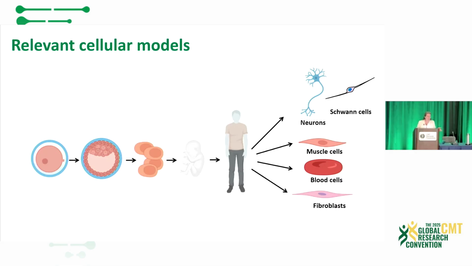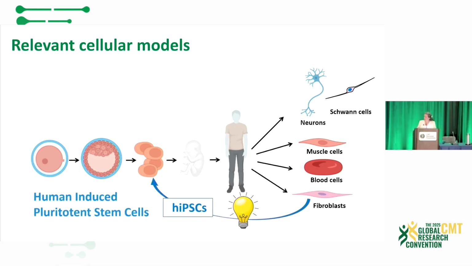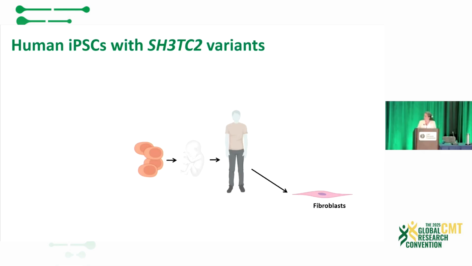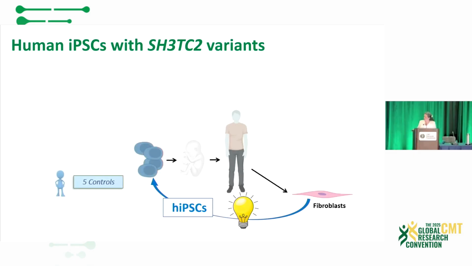There is a very nice strategy, the iPS strategy, that allows the use of differentiated cells to create induced pluripotent stem cells. Then you can differentiate these cells into neurons or Schwann cells. That's what we did in our lab using fibroblasts from 5 controls, and we obtained control iPS cells.